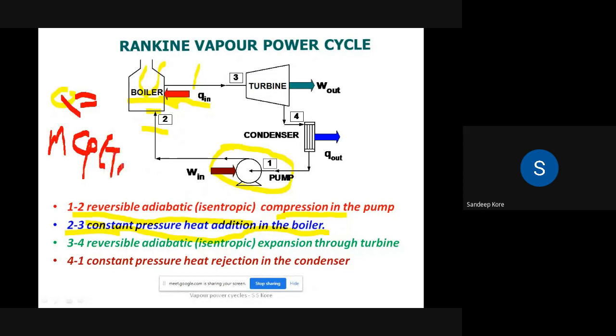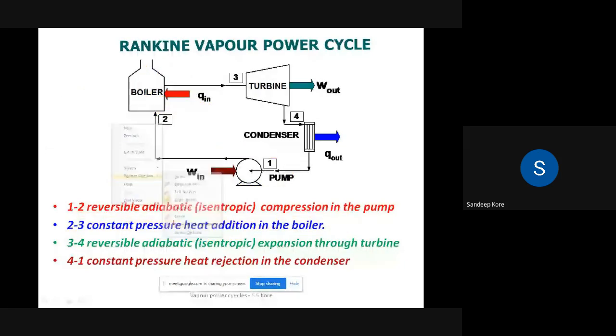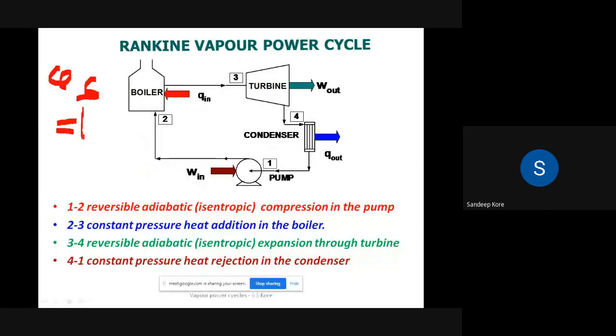But we are writing it in terms of enthalpies, because m Cp delta T is nothing but the enthalpy. So the amount of heat supplied in a boiler is equal to the change in enthalpy across the boiler, that is H3 - H2.